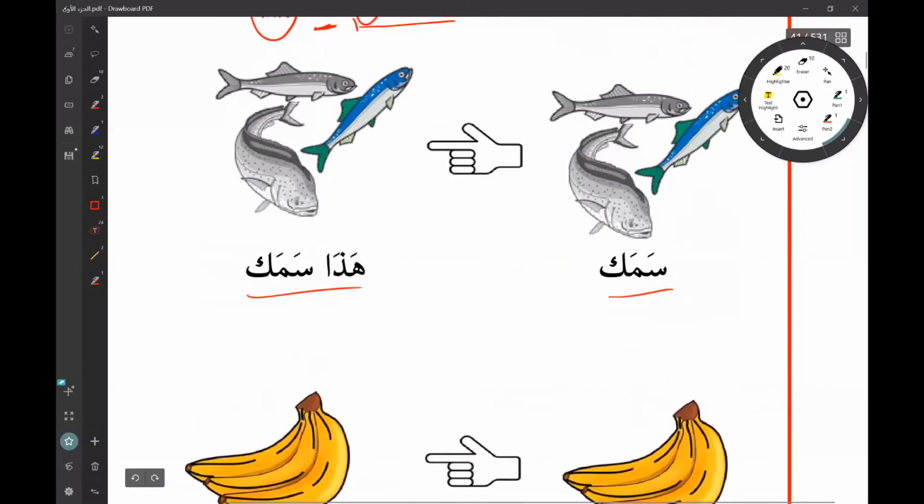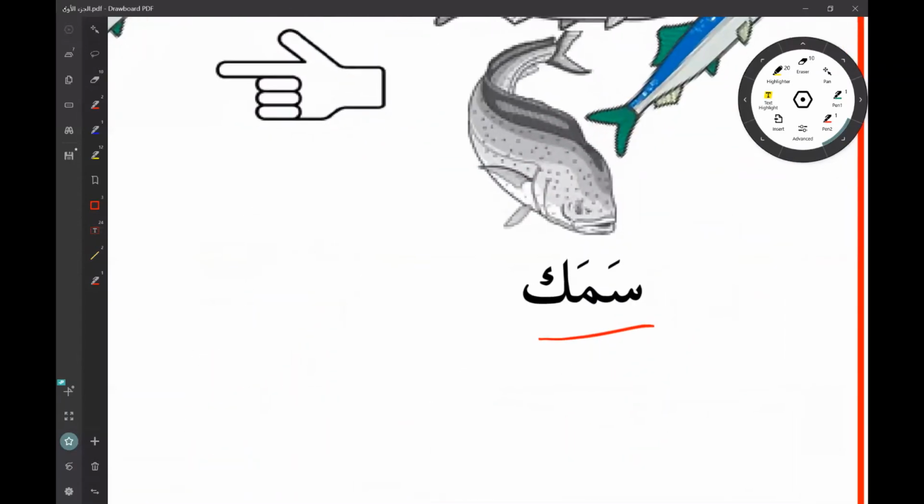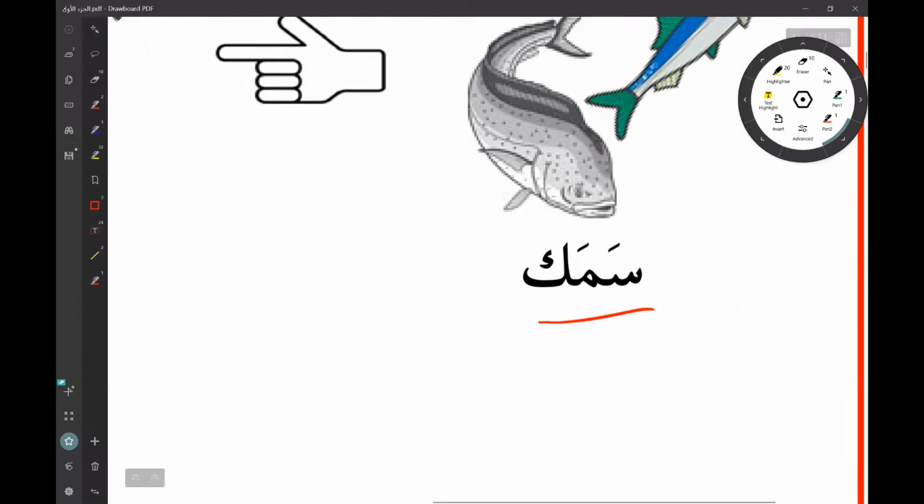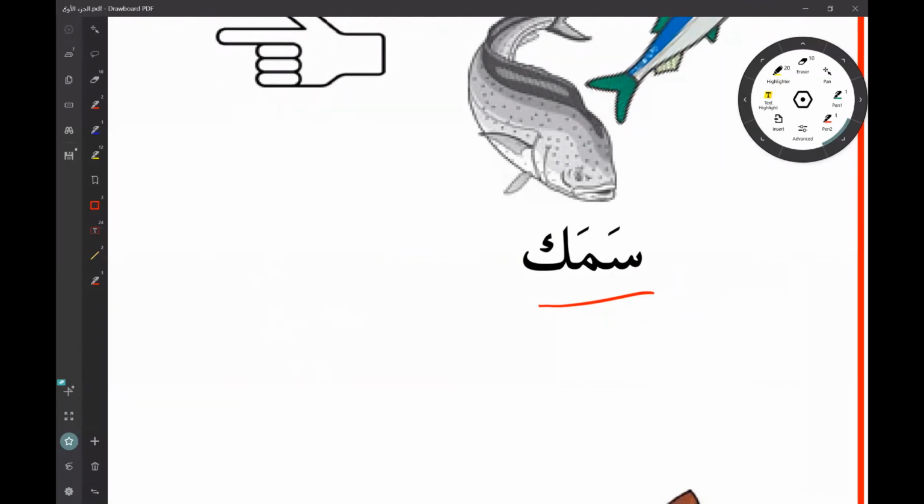Same thing with samak. When you say samak, it is plural. But here's the funny thing, in English also we don't say fishes, right? We say fish. So you can think of it like that, samak is fish meaning-wise, but we can look at the word as just fish. But if you definitely want to be explicit that we're talking about one fish, then you have to add the ta marbuta, samaka.